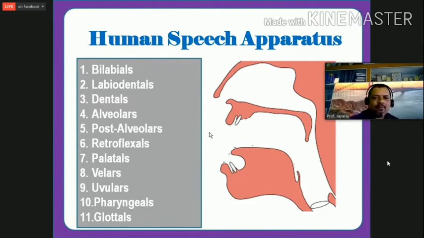So bilabials, two lips; labiodentals, the lower lip and upper front teeth; and dentals, the tip of the tongue and the upper front teeth; alveolars, and you see the alveolar ridge, the tip or blade of the tongue and the alveolar ridge. And similarly, post-alveolars: the place behind the alveolar ridge is called post-alveolar. Retroflexions.